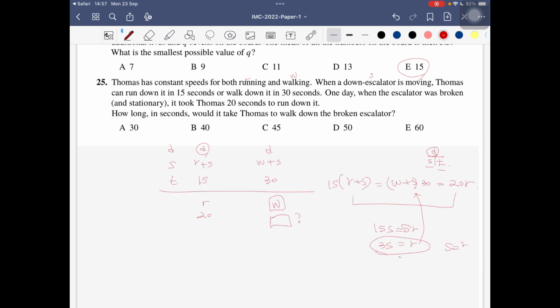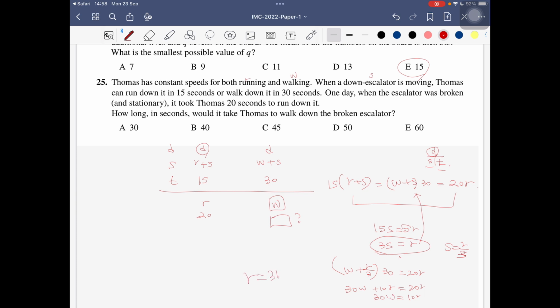Then S is R over 3. Then W plus R over 3 times 30 equals 20R. So 30W plus 10R equals 20R. So 10R equals 30W.